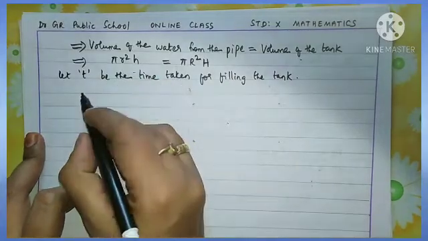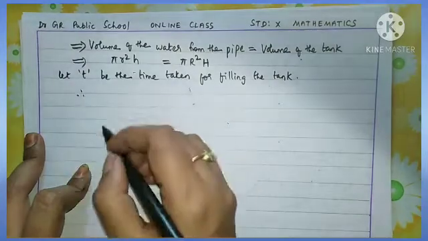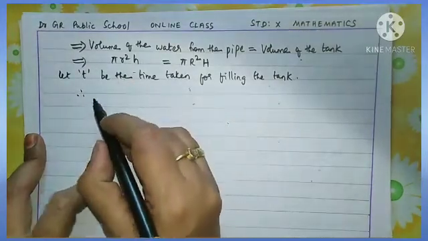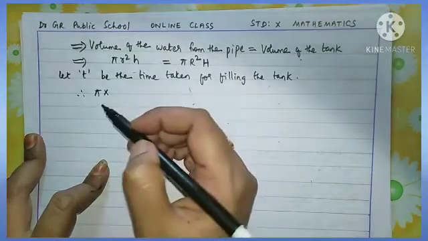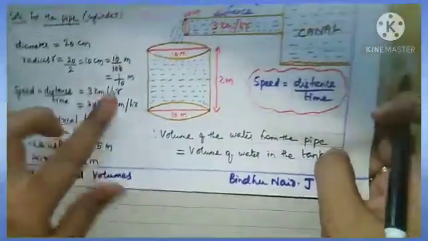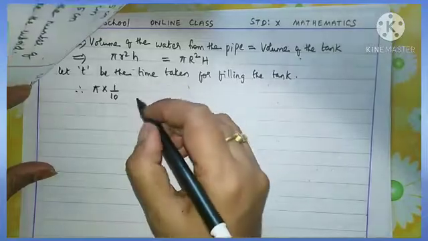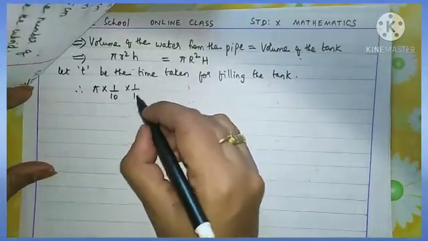Okay, so listen to the calculation. Now we are putting the values. Pi into, what is the value of small r, children? We found out earlier, 1 by 10. So 1 by 10 into 1 by 10, 2 times.